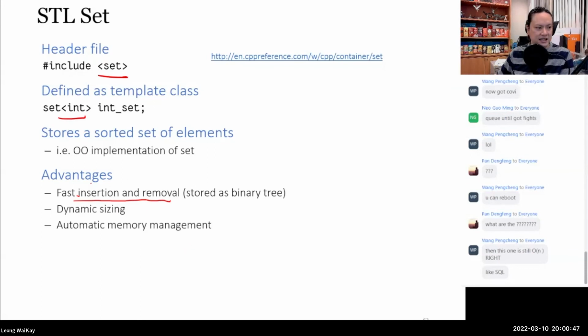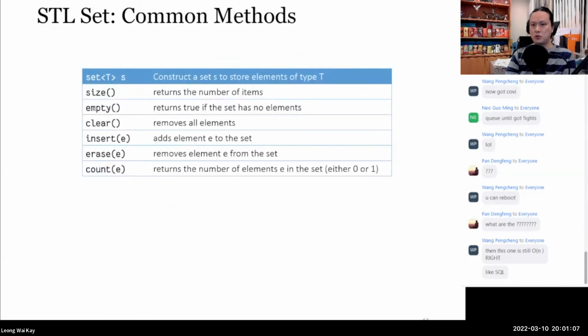The key is fast insertion and removal. If you try to use a vector as a set, to avoid duplicates you will have to search through the vector. That means your insertion becomes O(n), where n is the size of the vector. For set, you don't have to. There's some mechanism in the background to optimize it.